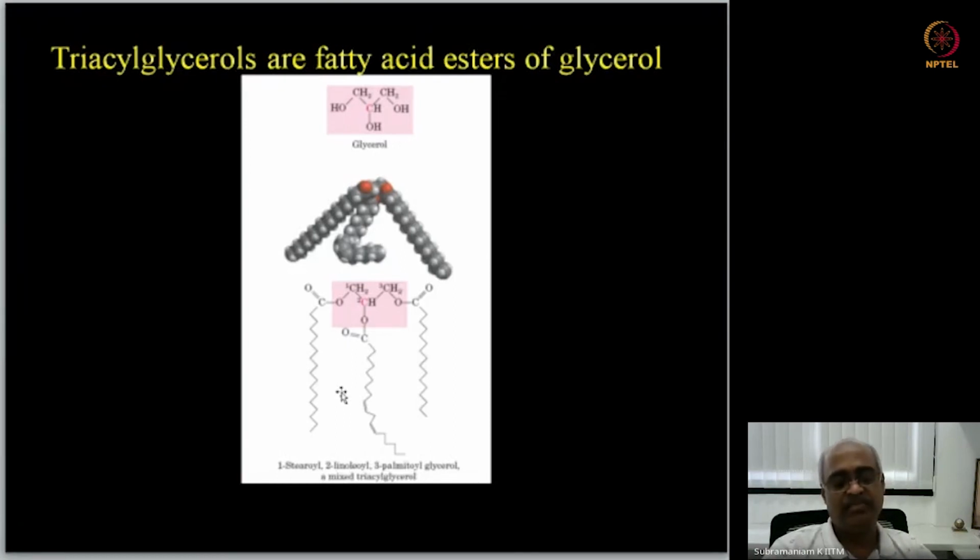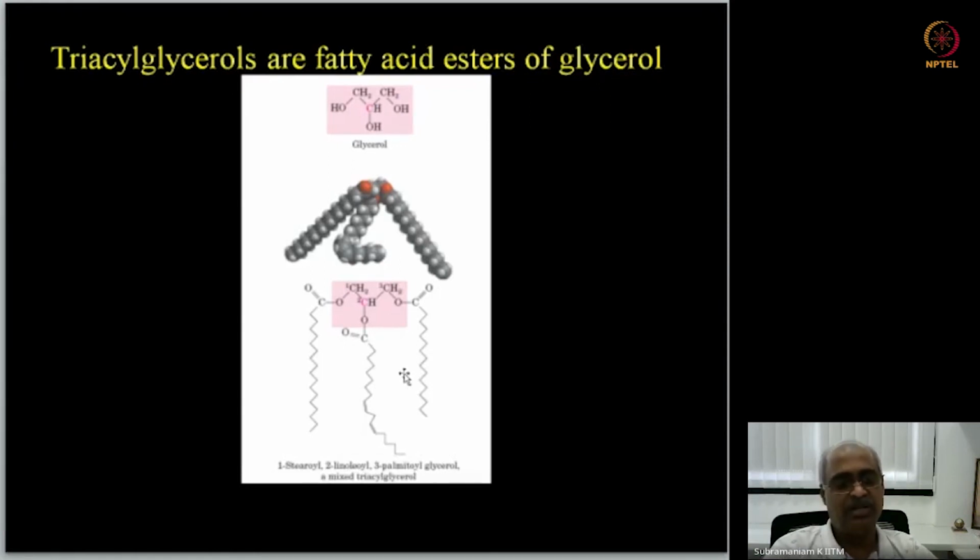They are basically polyalcohols, so they have limiting potential for oxidation. They are not fully reduced. As a result, the amount of energy available per unit weight of carbohydrate is approximately half of the energy available from this. That is why your body tends to convert the extra calories that you eat into triacylglycerols and stores them in adipose tissue.